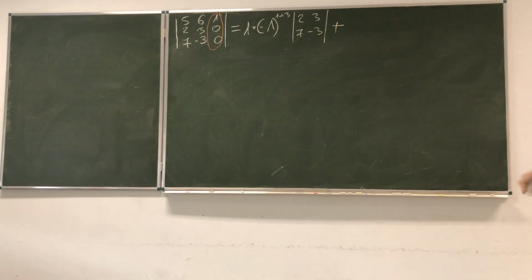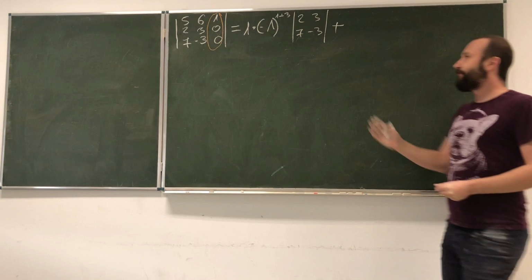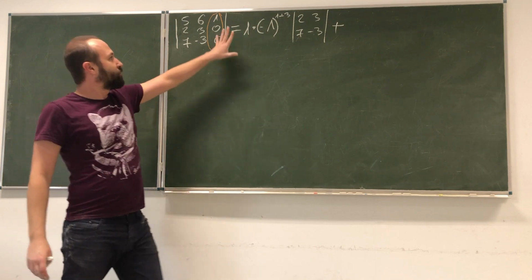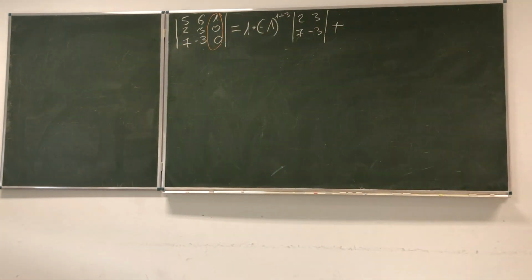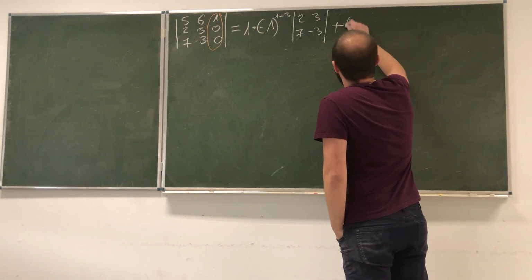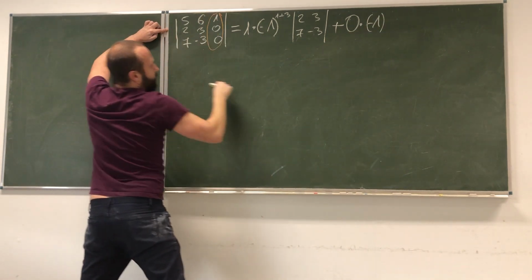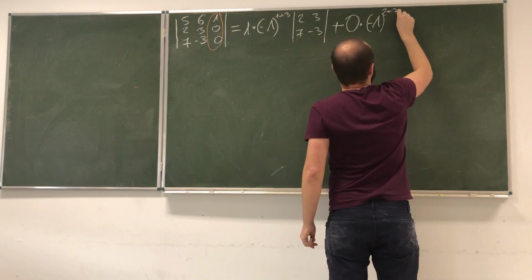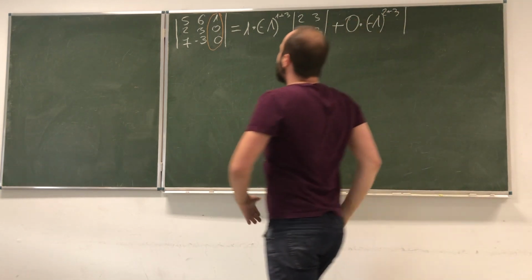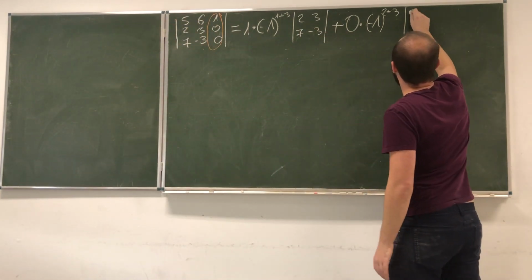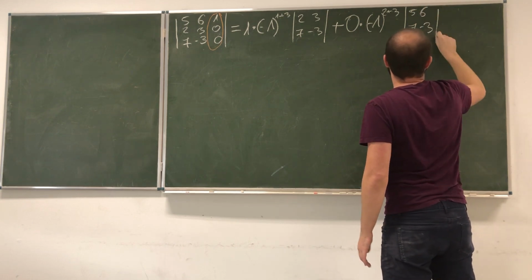Okay, then plus. Okay, and look, in the future, this is where we can stop, right? Every other element of this expansion is 0, so this is all we have. But just to practice, at the beginning, today we're going to write it all. So this is 0 times negative 1 to the power, right? Second row, third column, and times what we have left if we delete second row, third column, so 5, 6, 7, negative 3.